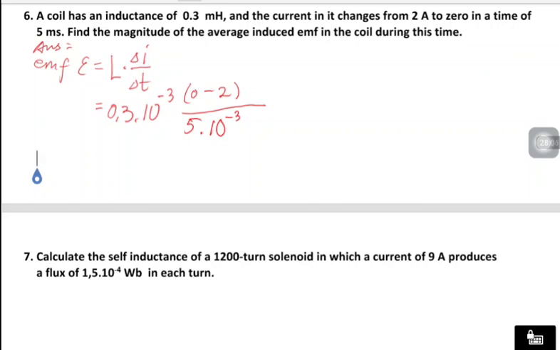So we get the value (0.3 times minus 2 divided by 5). We get the value, this is minus 0.12 volt.